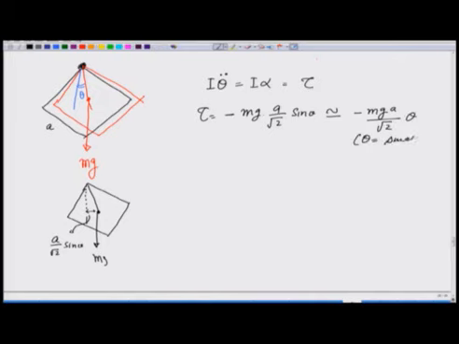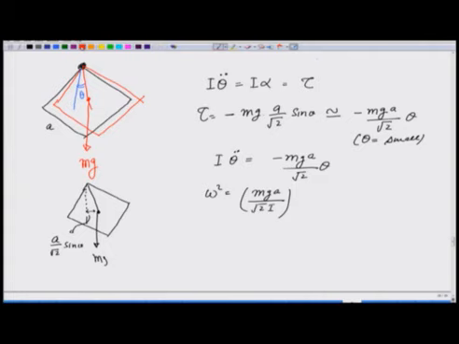And therefore, the equation of motion is I theta double dot is equal to minus mg a over root 2 theta, and omega square therefore is mg a over root 2 I. That is it. Now, what we have got to do is substitute for I for the square.